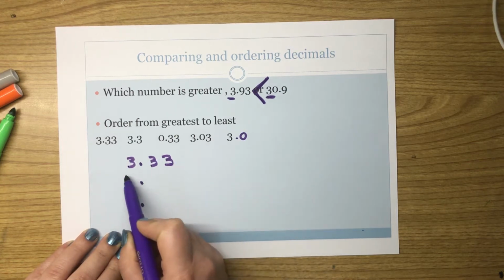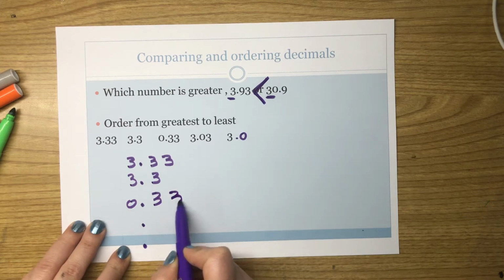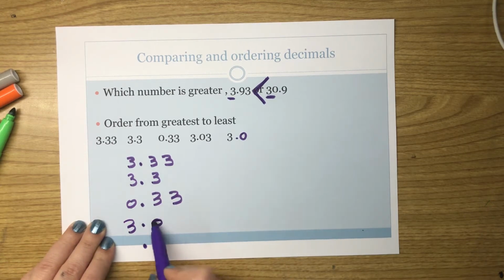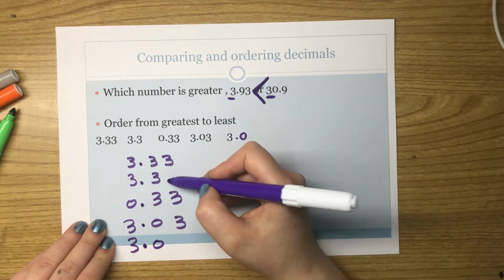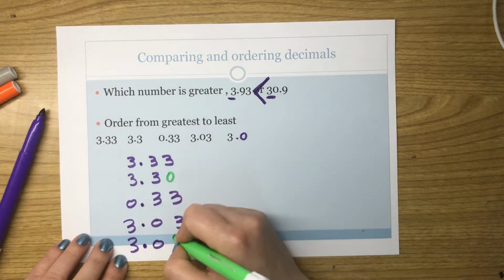The missing places, you can add the 0 in their places.